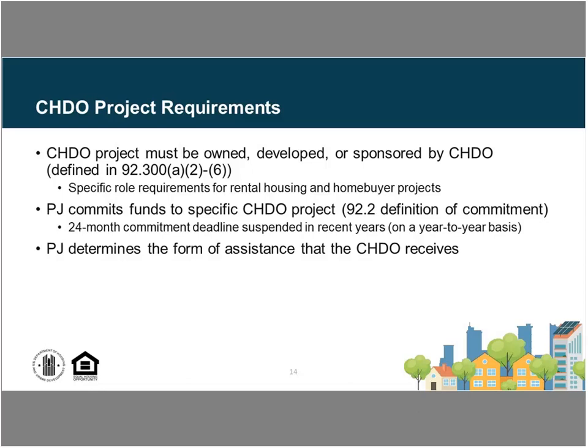So don't consider the commitment suspension permanent. There is still in the rule a requirement for PJs to commit their CHDO money as well as their other project money within 24 months of receipt of their award from HUD. And the PJ also has to determine the form of assistance it's going to provide to the CHDO, as it does with all projects.